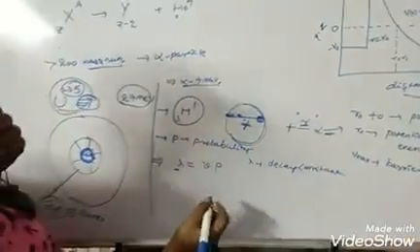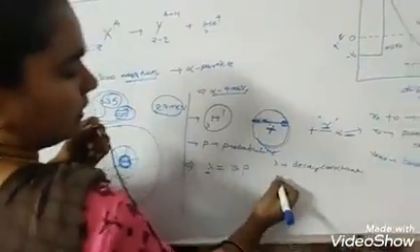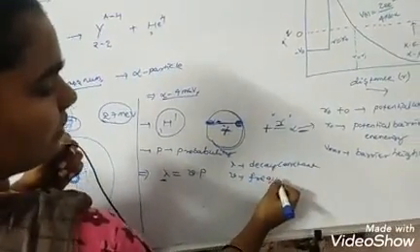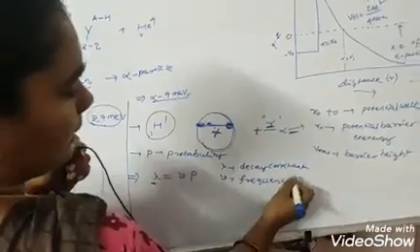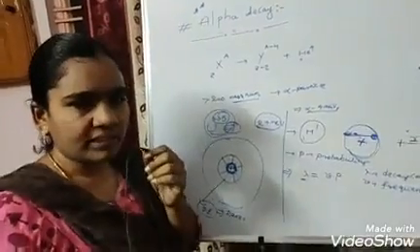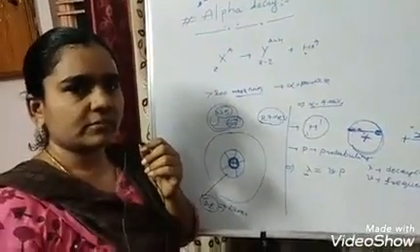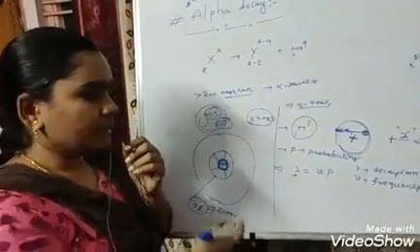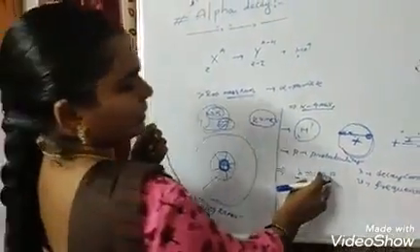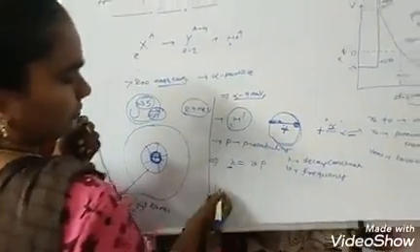Lambda is the decay constant, P is the probability, and nu is the frequency of the alpha particle. The alpha particle is moving throughout the area, so the number of oscillations per second is called the frequency. So lambda is equal to nu into P.